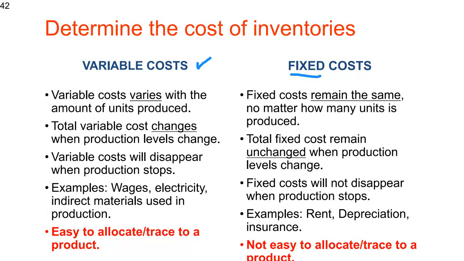Would it be fair for me to allocate that 1,000 Rand of rental to that one laptop? And the answer is no. So why wouldn't it be fair? Because on day two, I'm going to produce another laptop. So then, I've already allocated that cost to laptop number one.